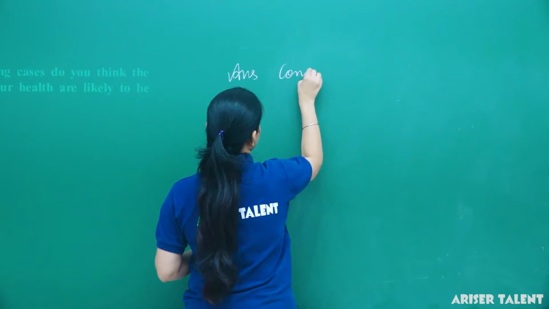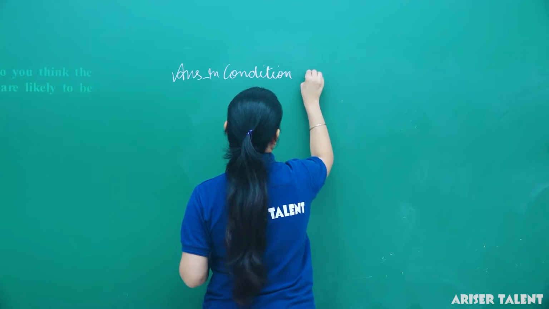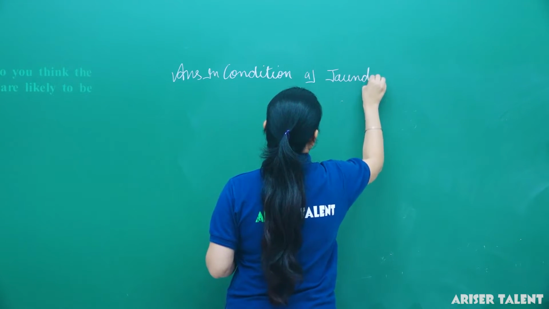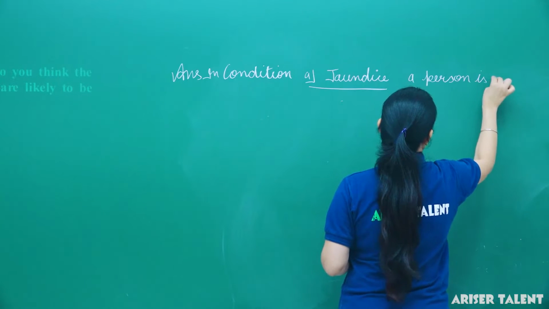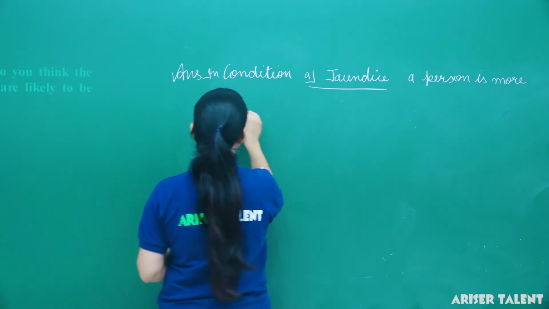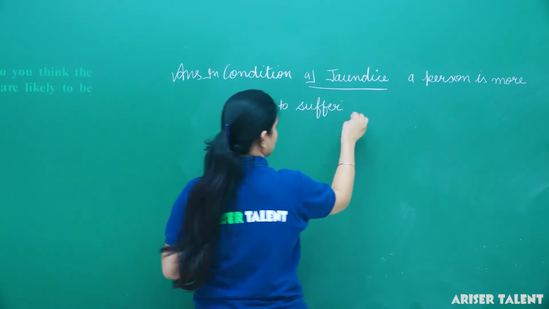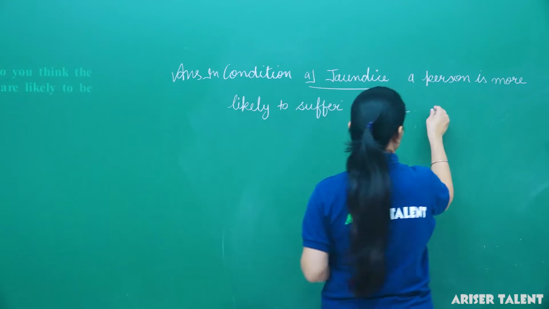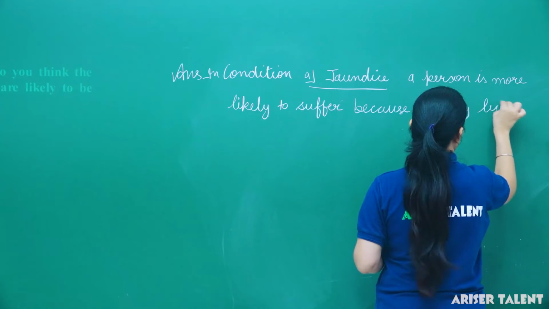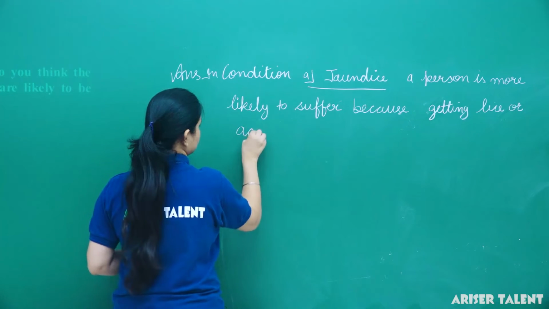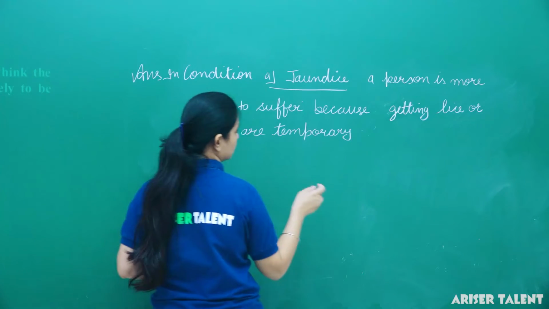So in condition A, that is jaundice, a person is more likely to suffer, because getting lice or acne are temporary skin diseases.